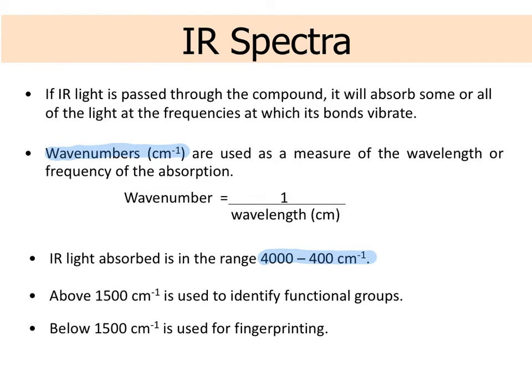We're really going to be focusing our attention above 1500, because that is the area in which we can identify specific functional groups. Below 1500 is not going to be important to us, but it is important in general because it can be used for fingerprinting, i.e. it will have a pattern that is unique to every molecule.